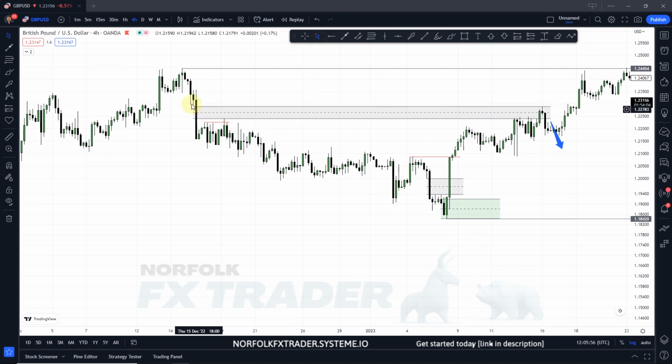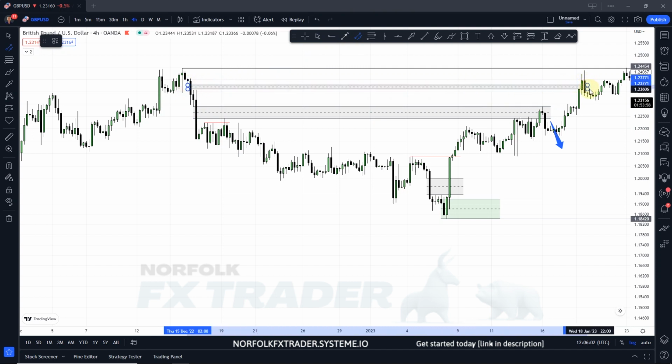Now we can also look back in time here, and we're also going to identify there's another area of imbalance here, left over. This small area of imbalance is still valid. And this is our last area of imbalance that we can draw.